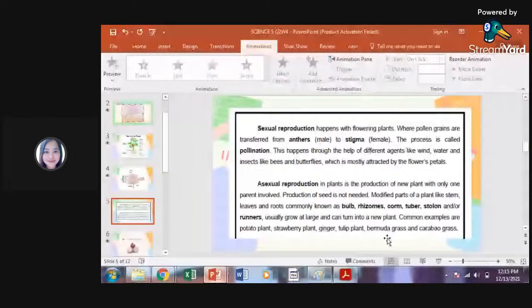And the next example is the corm. It's not corn, okay? It's corm. So corm is a short vertical stem. And one example of this is the taro or gabi. These are its offspring.